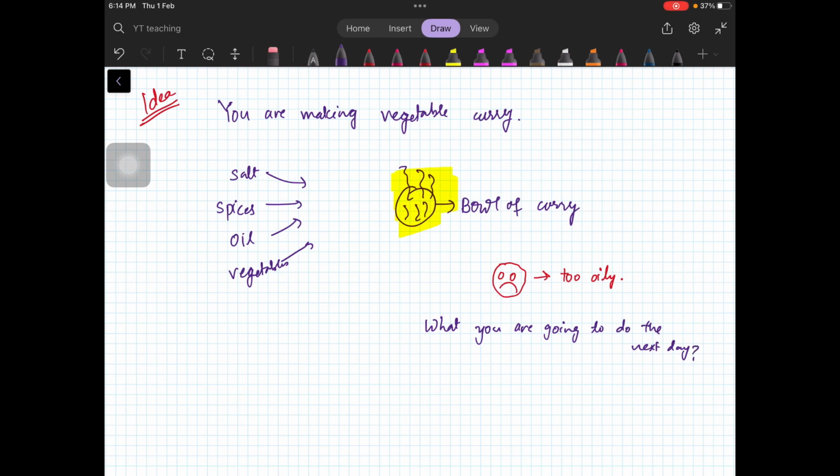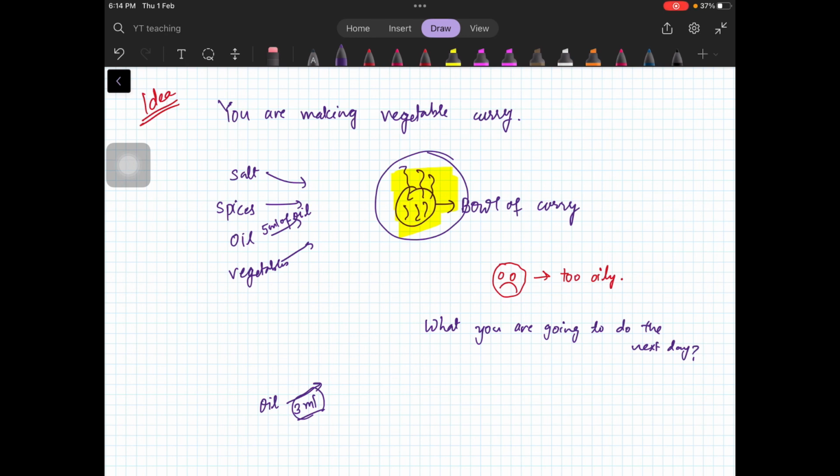Suppose you put 5 ml of oil; next day you improve your recipe and maybe come up with 3 ml of oil. How do you come up with this number? Because you, as a human being, have a very sharp brain: by tasting the curry, you were able to figure out that next time you have to put around 3 ml, right?